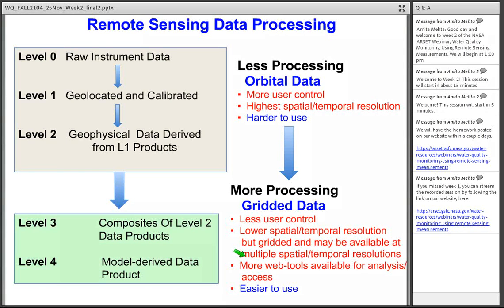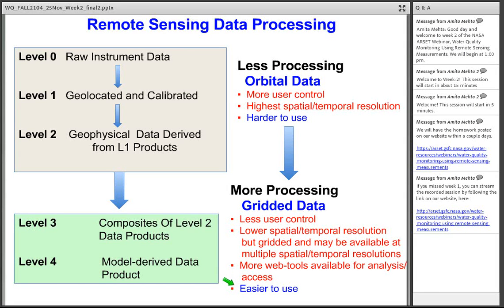They can be available at multiple spatial and temporal resolutions. So say from twice a day orbits, these data are composited so that there can be daily data. So instead of a pixel resolution of 250 meters, it can be put on a several kilometer square grid, as we will see in the case of MODIS. So that is level 3 data.